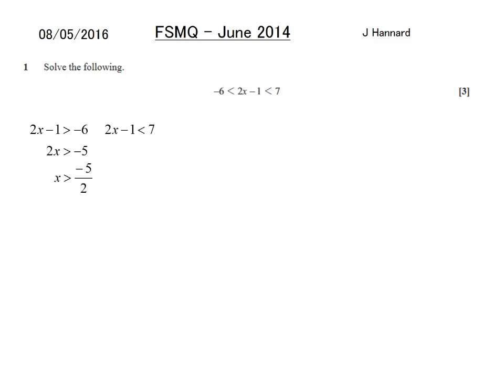And then on the other side we've got 2x minus 1 must be less than 7. Take the 1 over the other side, you get 2x is less than 8. Divide both sides by 2, x must be less than 4. And there you go. So minus 5 over 2 must be less than x, which must be less than 4. So there you go. That is question 1 done.